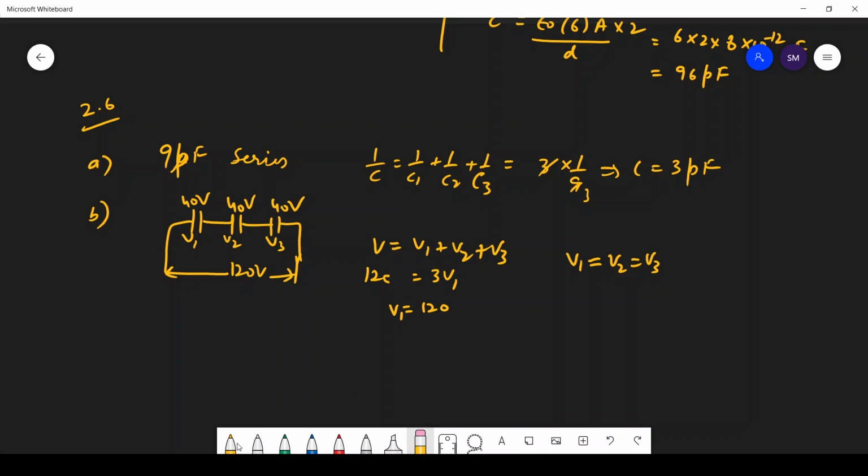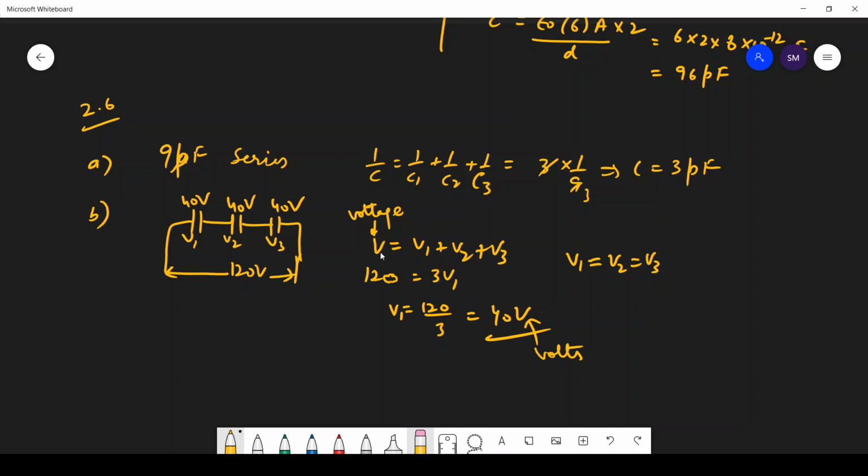So V1 is equal to 120 by 3, that is equal to 40 volt. The voltage symbol is V, and its unit is volts, so don't get confused between the units and the physical quantity.